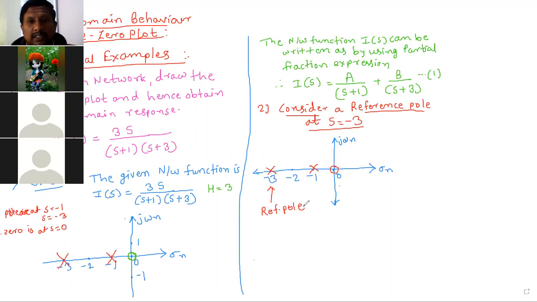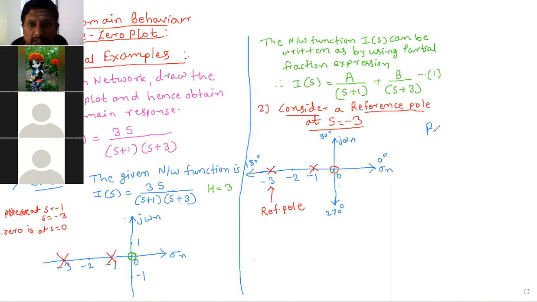Okay, at S is equal to -3, there is a reference pole. So angle is here 0 degree, here 90 degree, here 180 degree. This is 270 degree, that you can remember. So S is equal to -3 as a reference pole now.